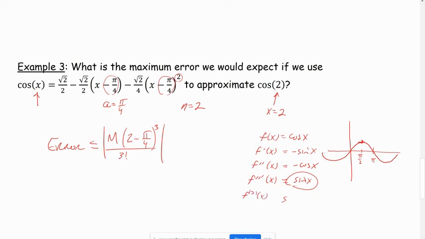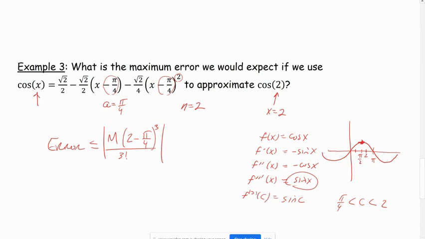The third derivative at c is equal to sine of c, where c is on the interval between x and a, so between 2 and pi over 4, pi over 4 to 2, and pi over 2 is in between there. 2 would be right about here, and pi over 4 is obviously over here, so the high point in between those is definitely 1.